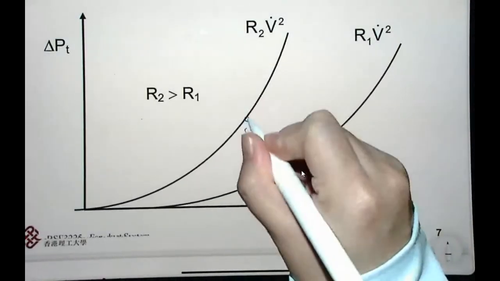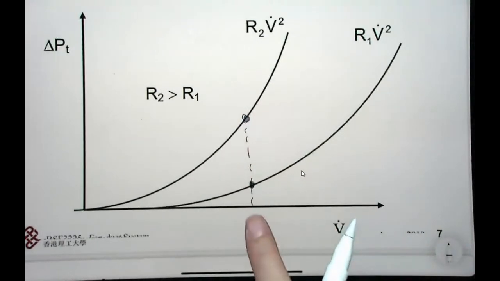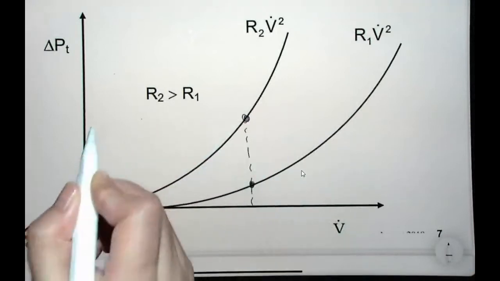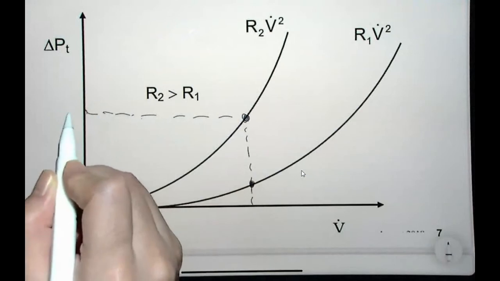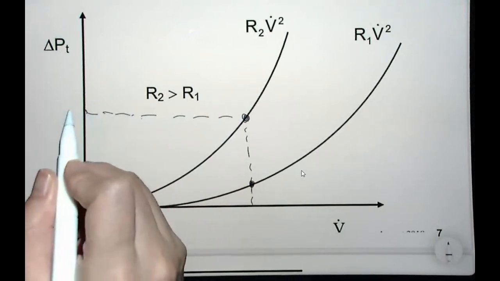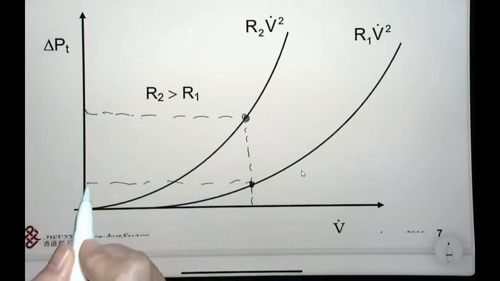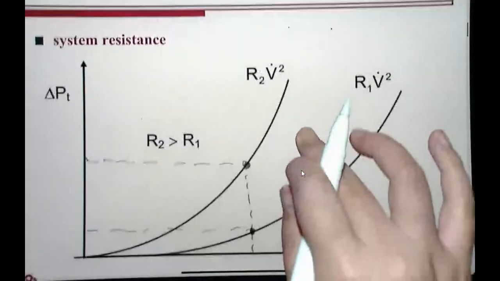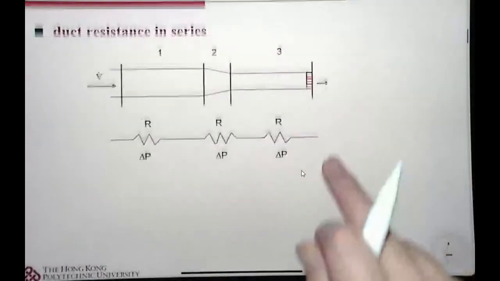Under the same flow rate, since R2 is larger than R1, delta P total for duct system number 2 will be larger than for duct system number 1. This is how the duct resistance can be plotted on one figure.